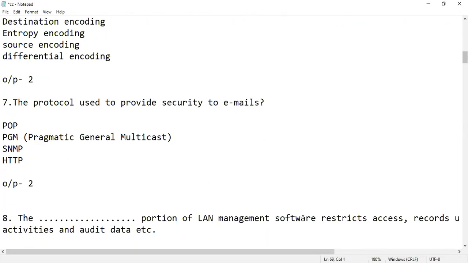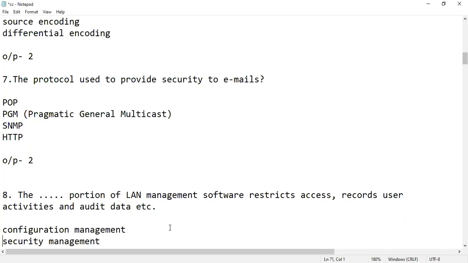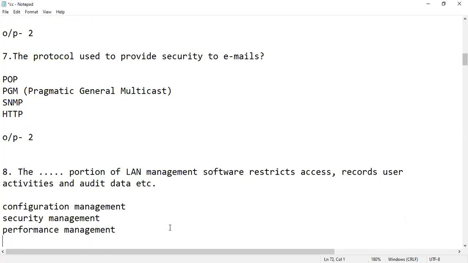The next question is about the portion of LAN management software that restricts access, records user activity, and audits data. The options are configuration management, security management, and performance management.